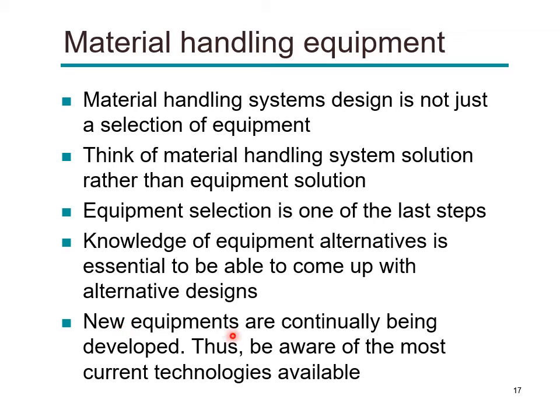There are new equipments in the market. New equipments are continually being developed. So if you are working as a facility designer, as a material handling system designer, you need to follow the current technologies and be aware of the most current ones so that you can select the best alternative.